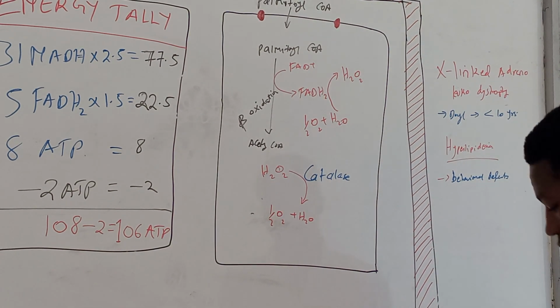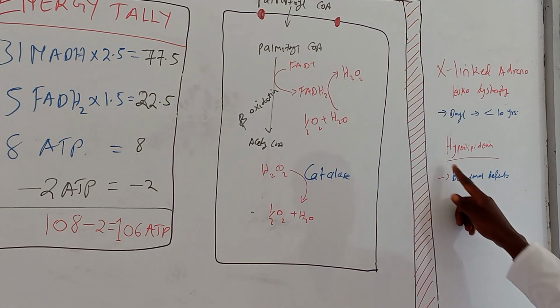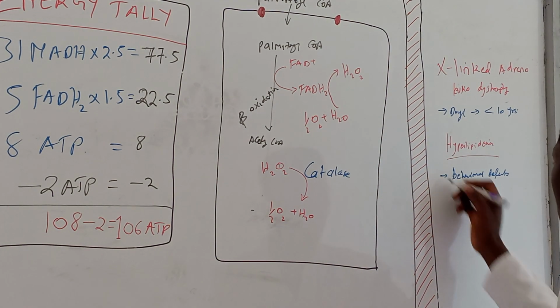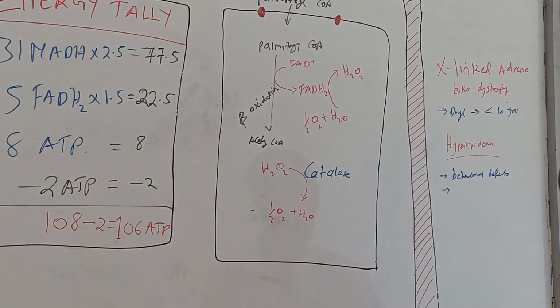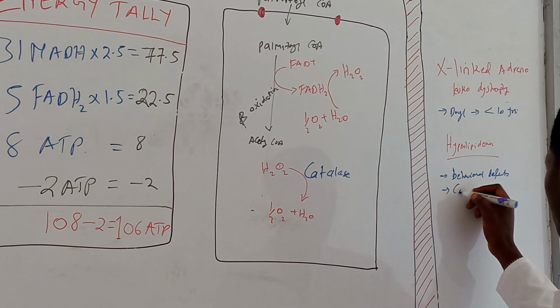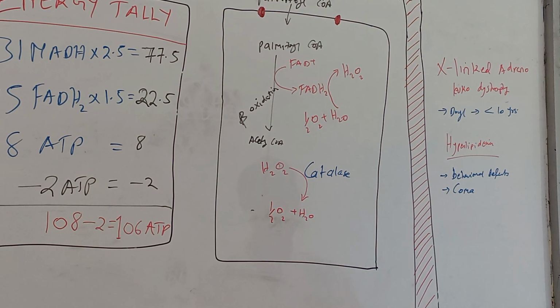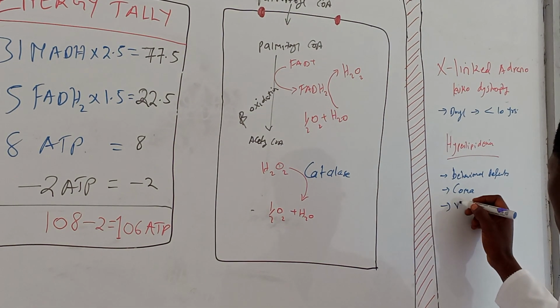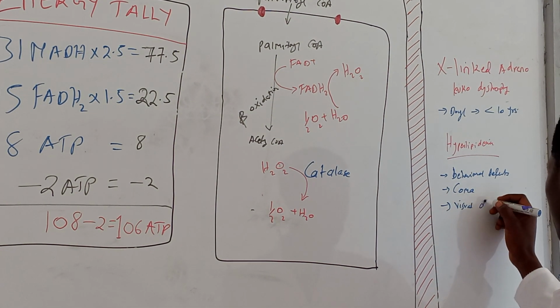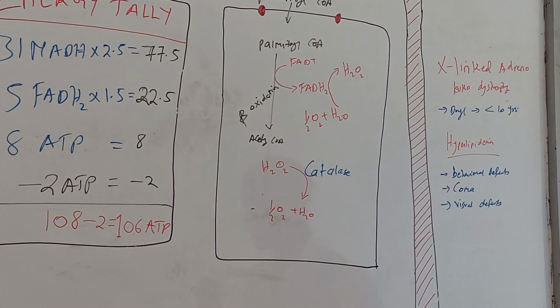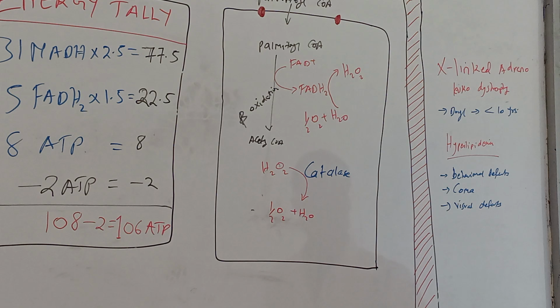Another thing they can experience, apart from the behavioral defects, is coma. And also, they can experience visual defects or dysfunction, disorders related to sight and all those other things.